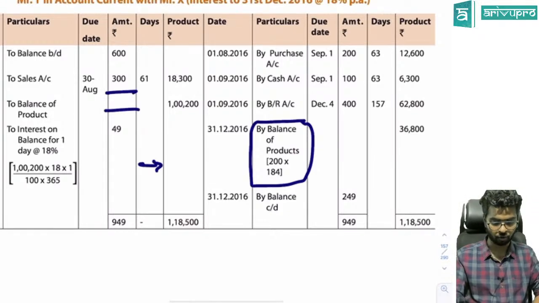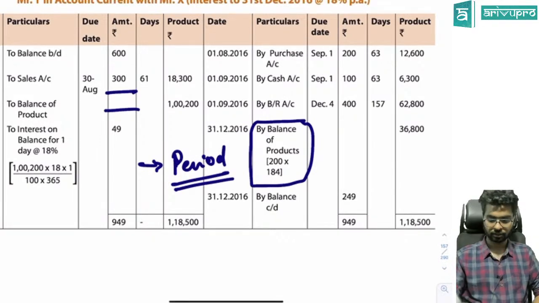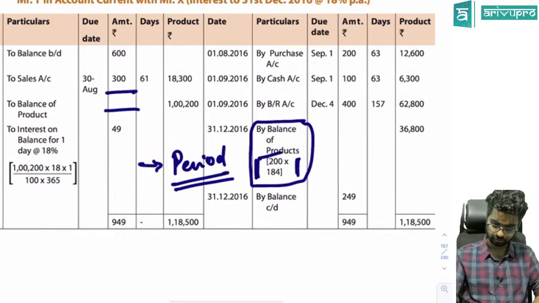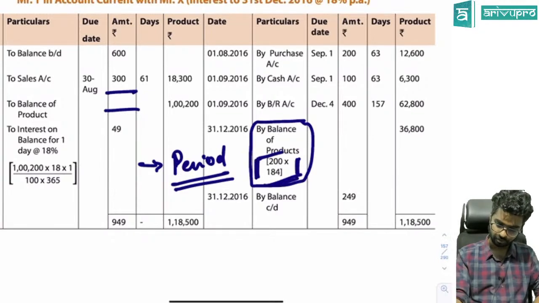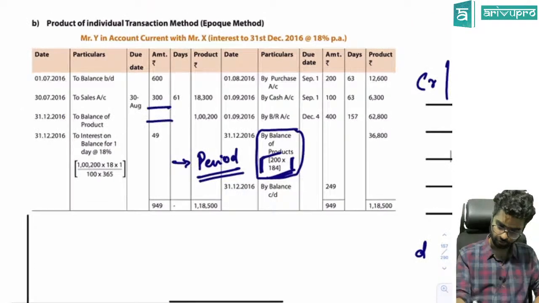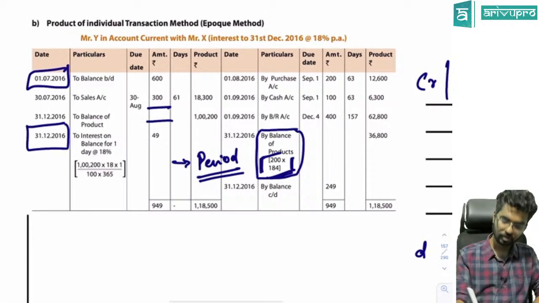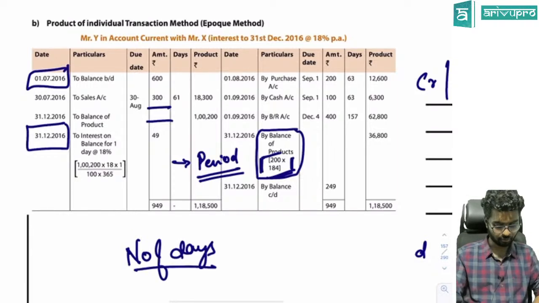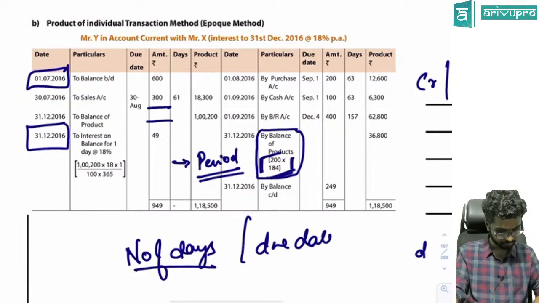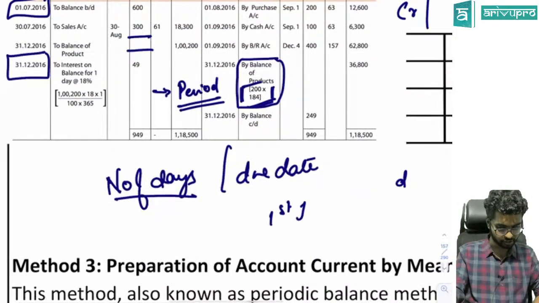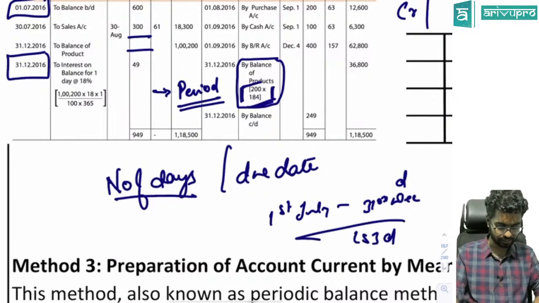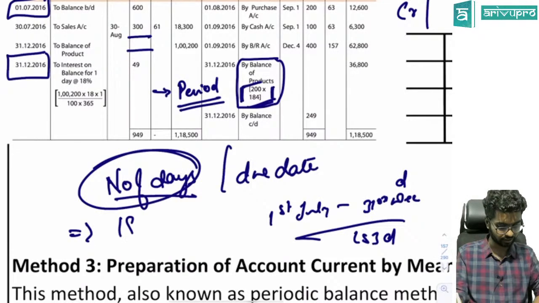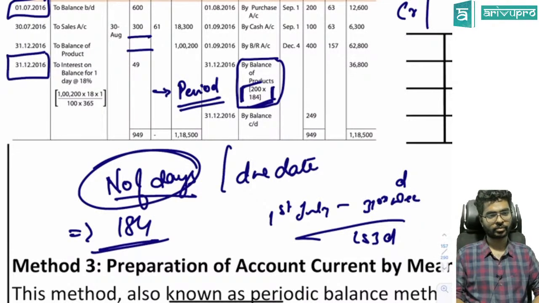Balance is always found out for the period. For the period. And the period is basically from 1st July. So I'm trying to find the number of days during this period. I'm not asking you to find the due date. If it was due date, it would have been 1st July to 31st December. That would have been 183 days. I'm trying to find the number of days in the period, therefore it is 184. Are you clear?